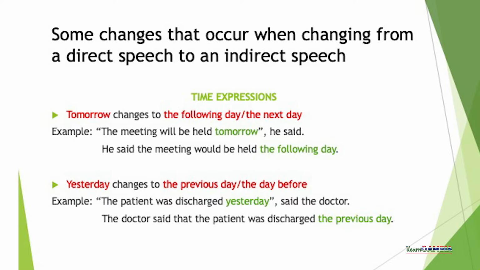Now, the time expression in this particular statement is the word tomorrow. But when we are reporting it, we can no longer use the word tomorrow. Okay? If we use tomorrow, that means our time reference will not be correct. Therefore, the word tomorrow has to change to the following day or the next day.